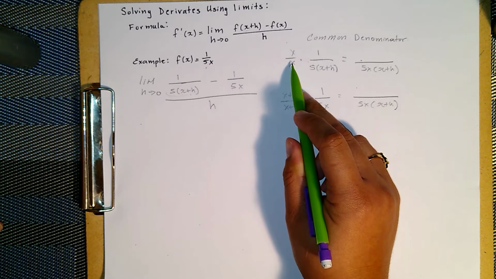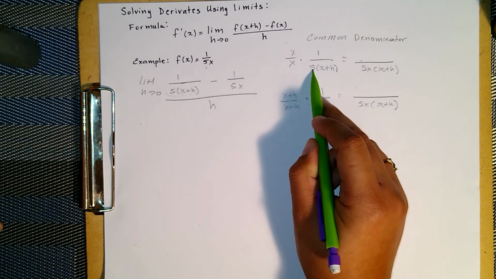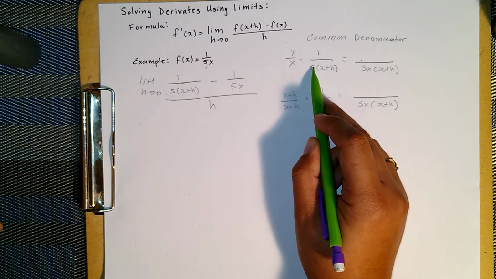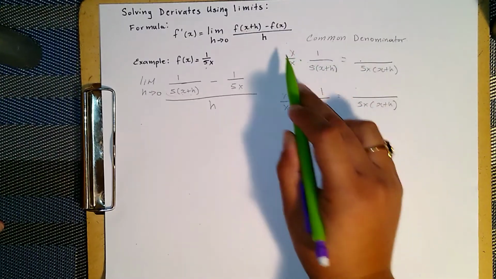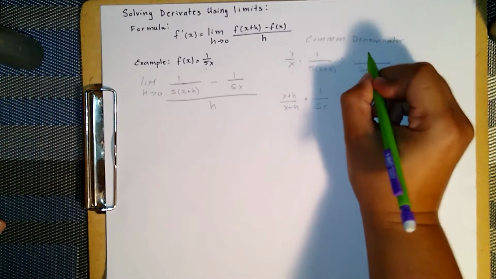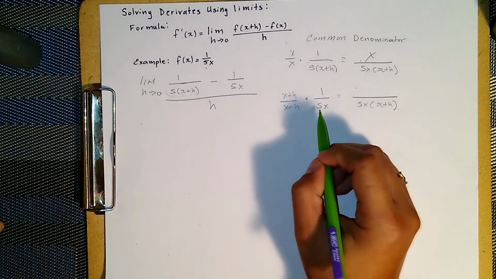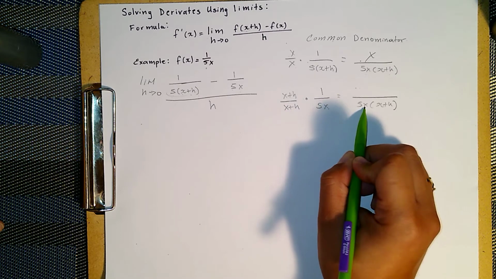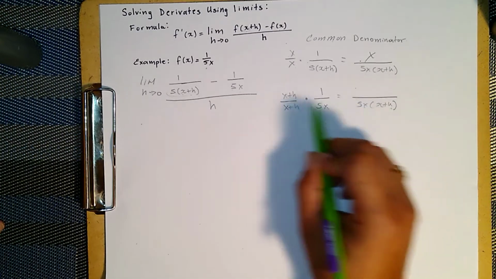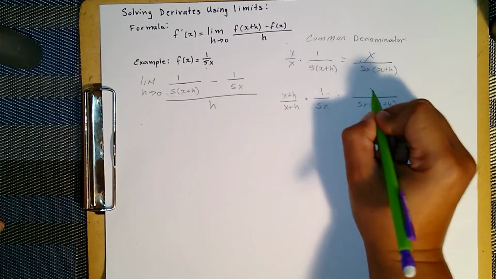So x times 5 is 5x. Then you have x plus h. 1 times x is x. Here you have 5x, x plus h, and 1 times x plus h.